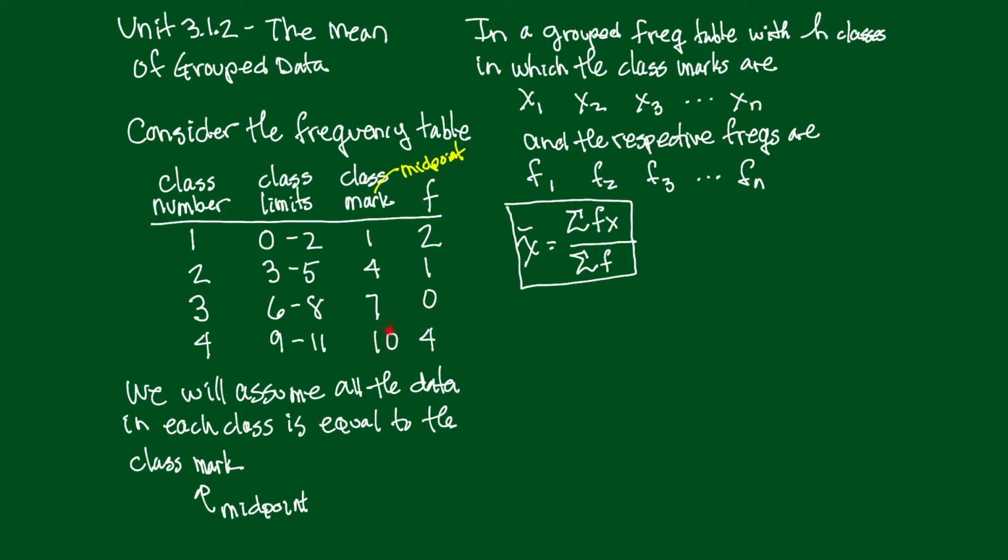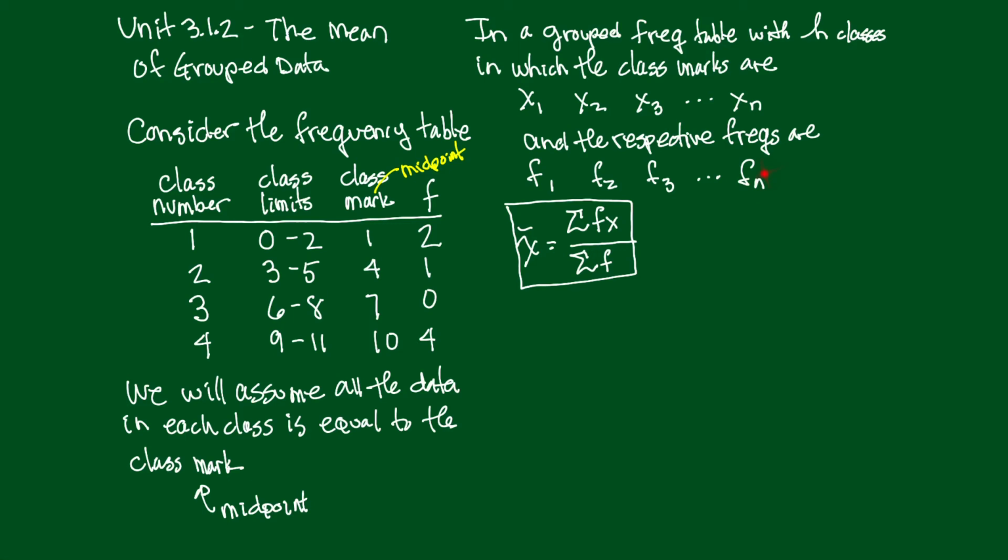All right, so those are the class marks. Then it says, if you have a group frequency table with H classes, 4 classes like we have, in which the class marks are these numbers here, for us, 1, 4, 7, and 10, and the respective frequencies are, the frequency in the first class, that's a 2. The frequency in the second class is 1. The frequency in the third class is 0, dot, dot, dot.